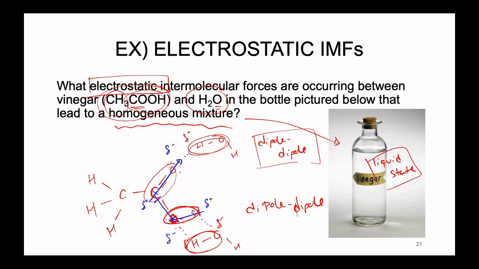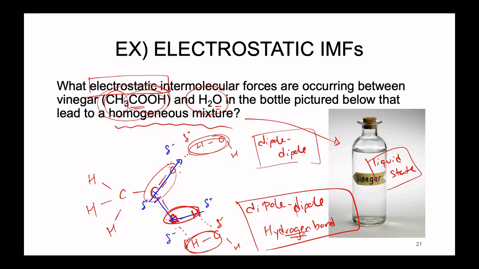Well, we do have an oxygen and a hydrogen interacting with an oxygen and a hydrogen. Since we do have OH bond interacting with OH bond at long distance along these dotted lines, we are also going to have a hydrogen bond. This dipole-dipole interaction is the special case where we are specifically working with a hydrogen bonding intermolecular force.